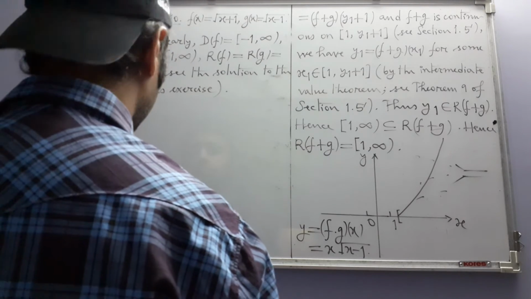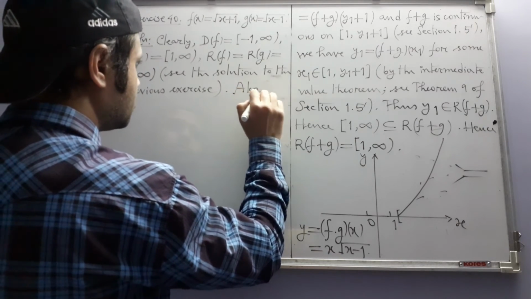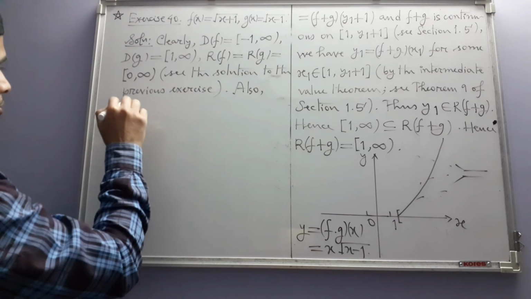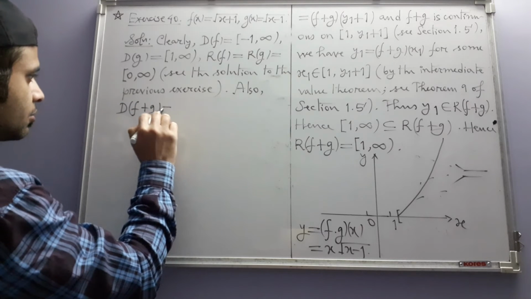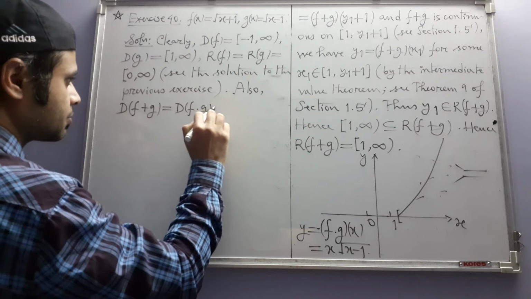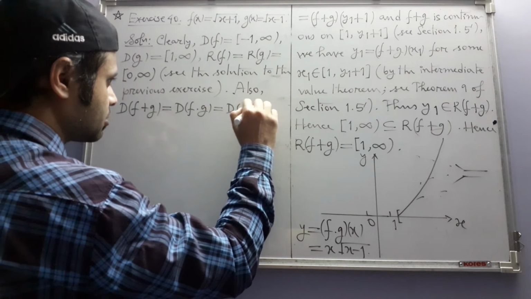Okay. Also, domain of f plus g equal to domain of f dot g is equal to the intersection.